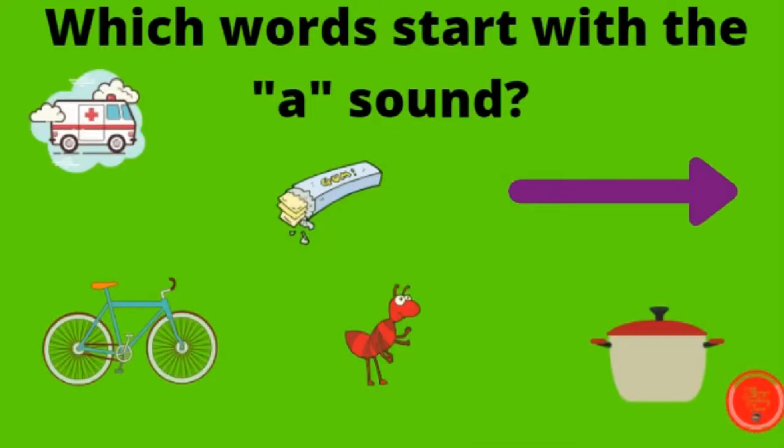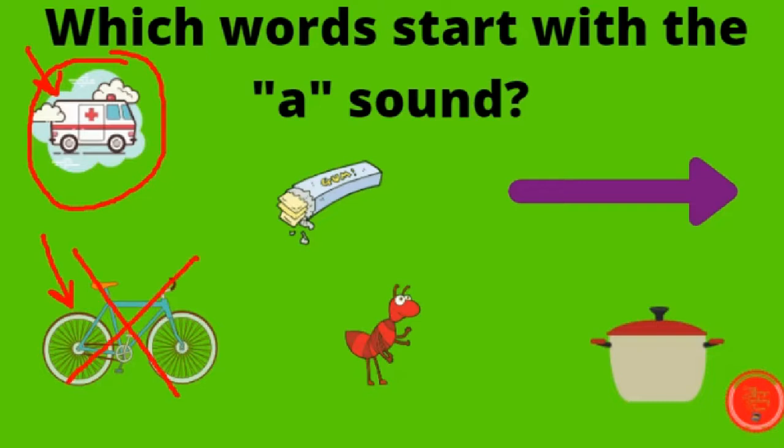Can you help me find the words that begin with the a sound? Let's start with this picture. This is an ambulance. A, ambulance. Yes, let's circle this one. How about bike? B, bike. No, bike doesn't start with the a sound.